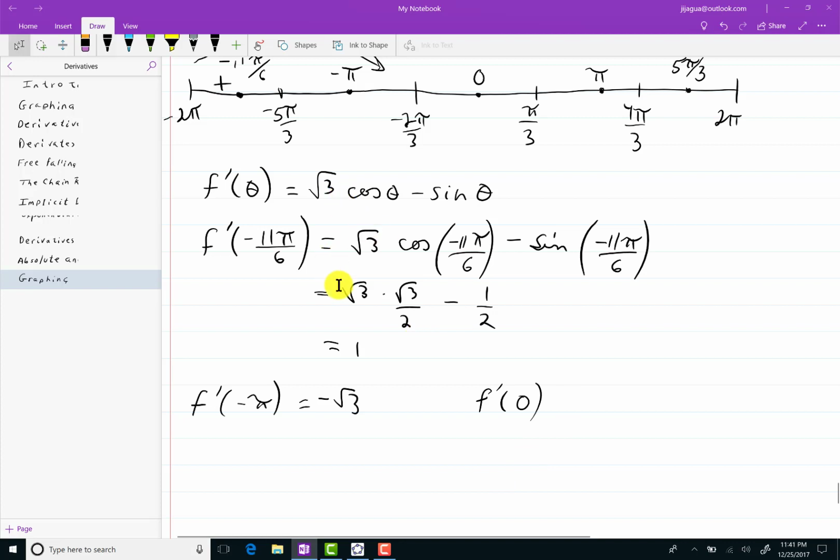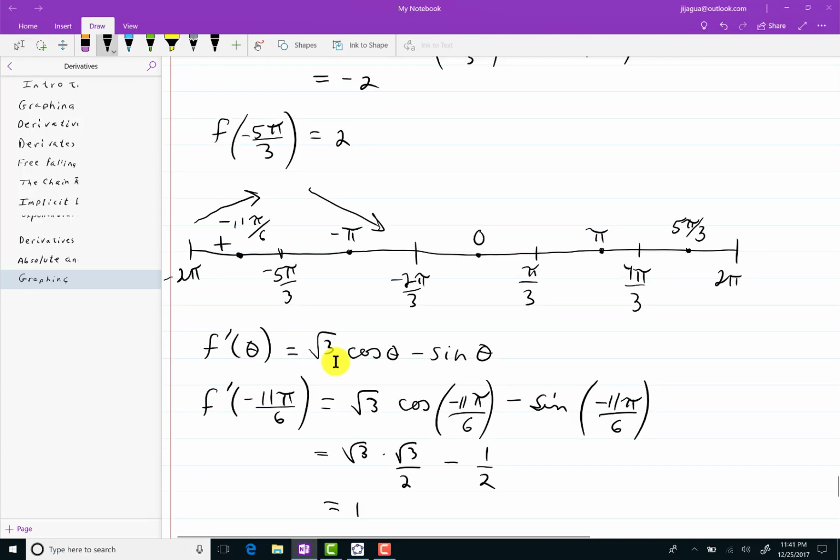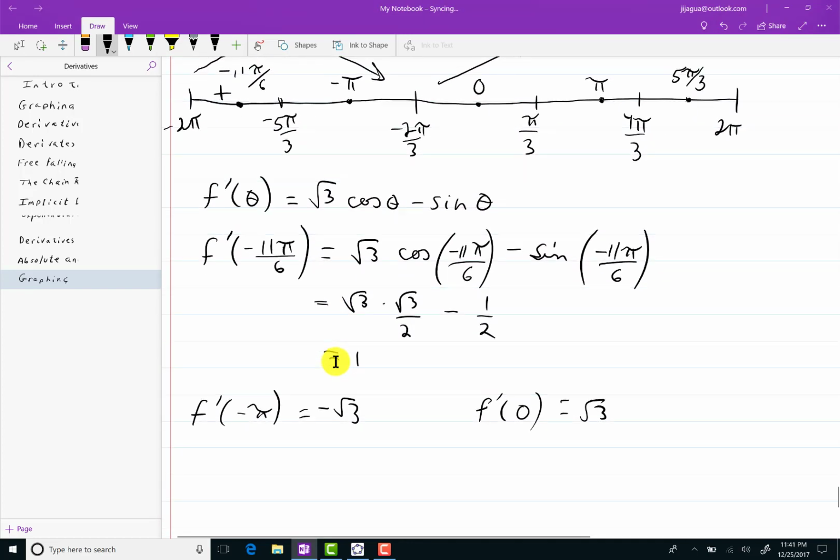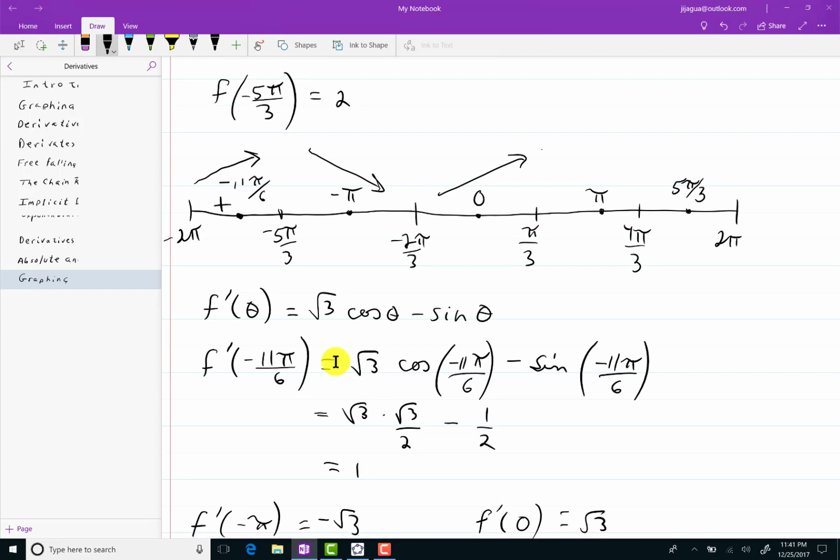So you're going to get a positive radical 3 here. It's going like I probably figured it would do. And then f prime of pi will end up being negative radical 3, since negative pi and pi are the same terminal angle. It'll be negative, so we're decreasing again.